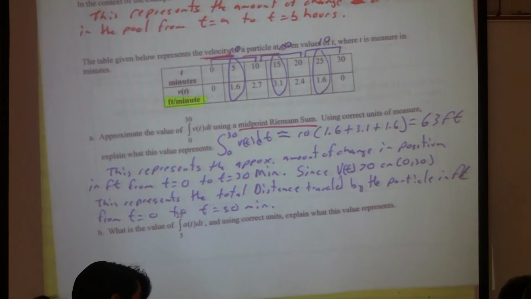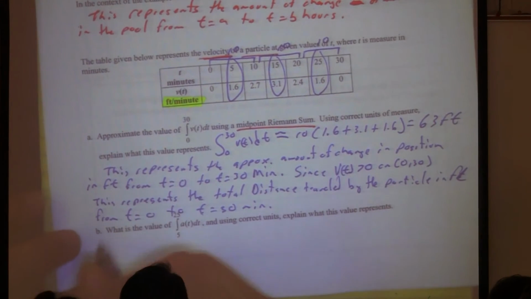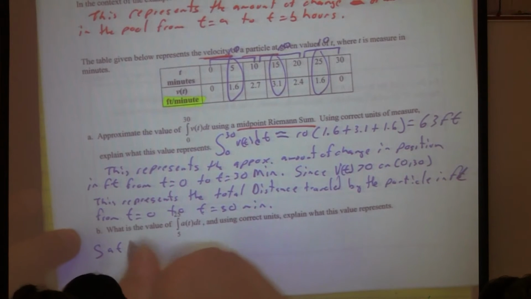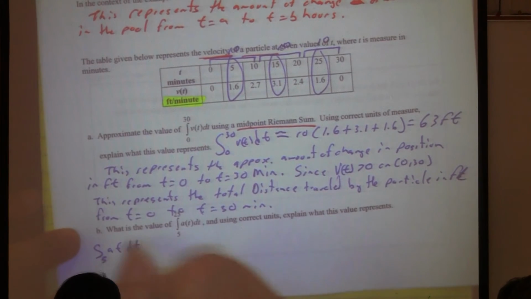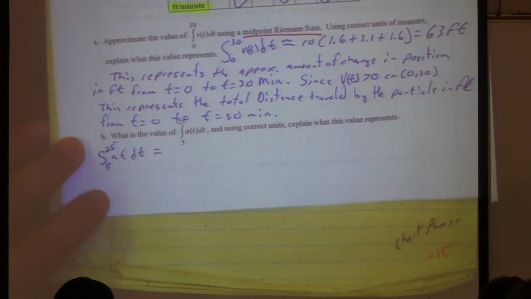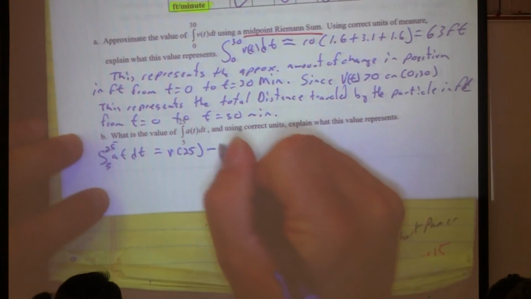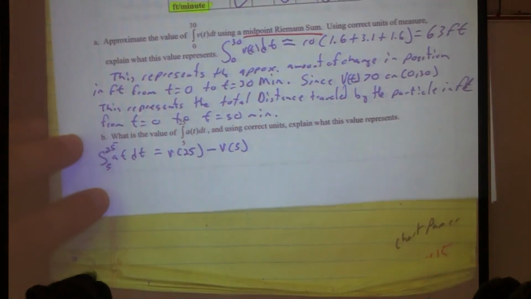Alright, part B. What is the value of the integral from 5 to 25 of a of t? Then, using correct units, explain what this value represents. So, what would the integral of a of t from 5 to 25 give me? What should it spit out? V of 25, good job, Oscar, minus V of 5.